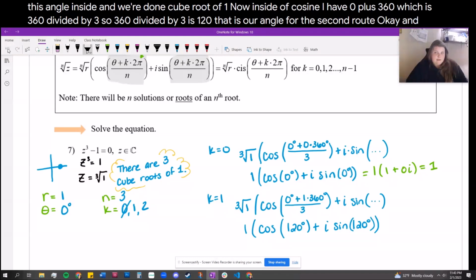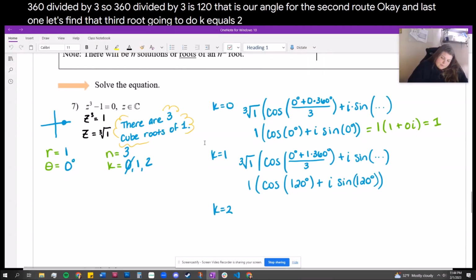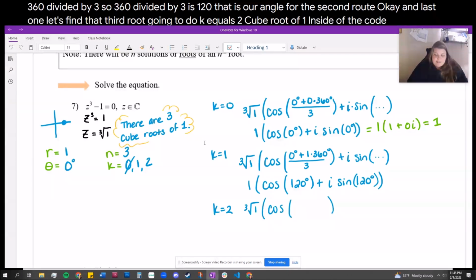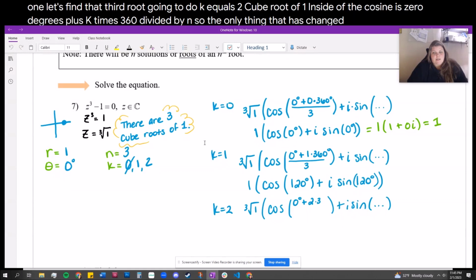Okay, and last one, let's find that third root. We're going to do k equals 2, then cube root of 1, inside of the cosine is 0 degrees, plus k times 360 divided by n. So the only thing that has changed each time we write this is the k.